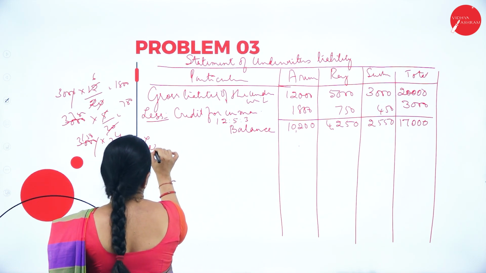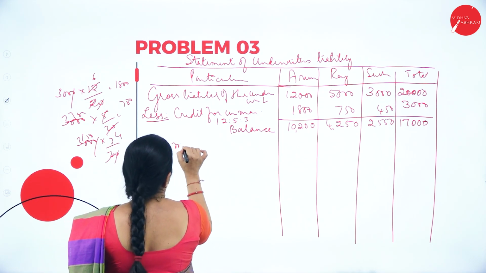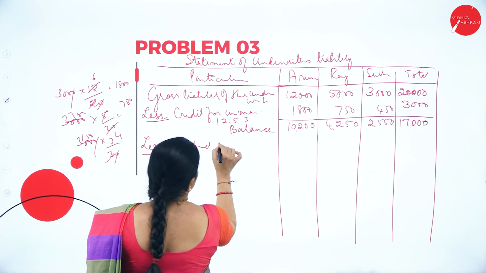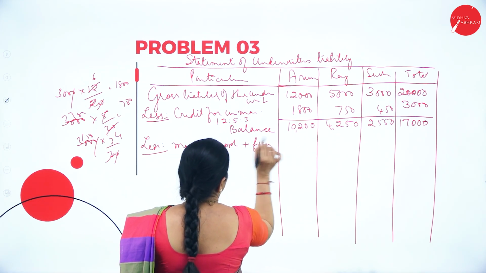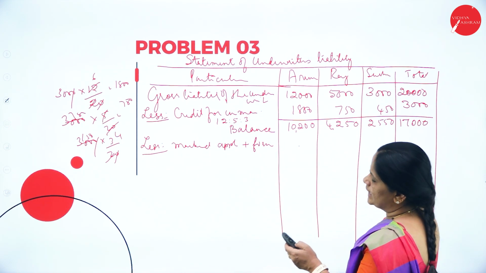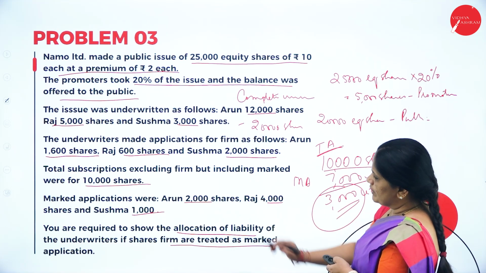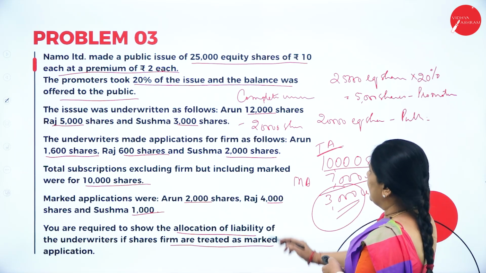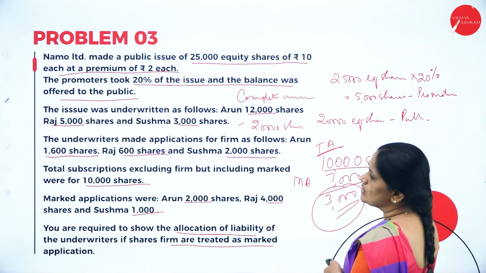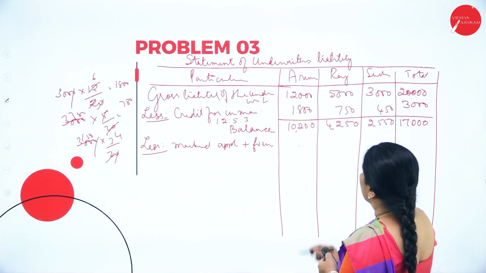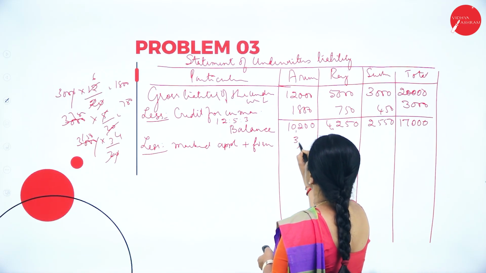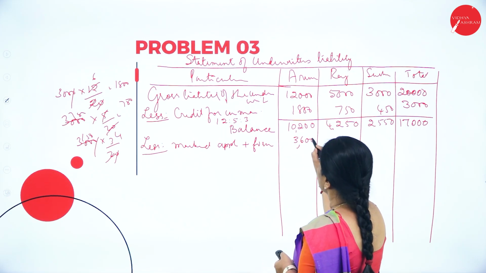Then less marked applications plus firm underwriting. Marked application of Arun is 2,000 and firm application is 1,600, so 2,000 plus 1,600 is 3,600.